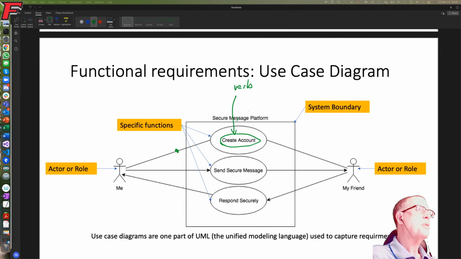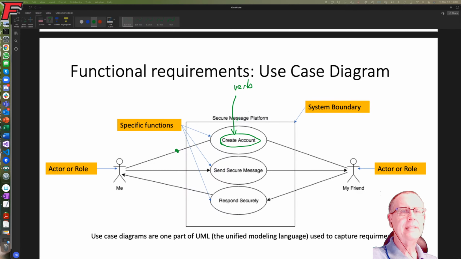And then the other thing is to figure out what the use cases are. Normally the maximum number of ellipses, use cases, that you want on the diagram is about 9. More normally it's about 4 or 5.